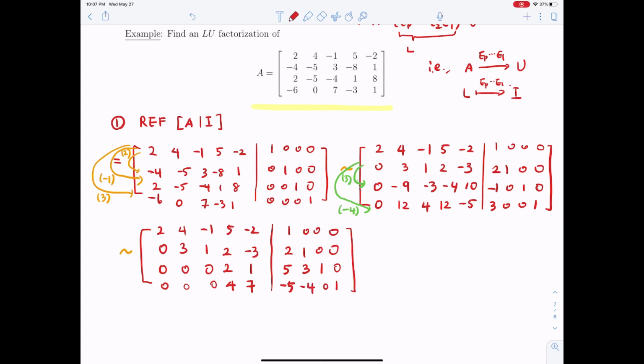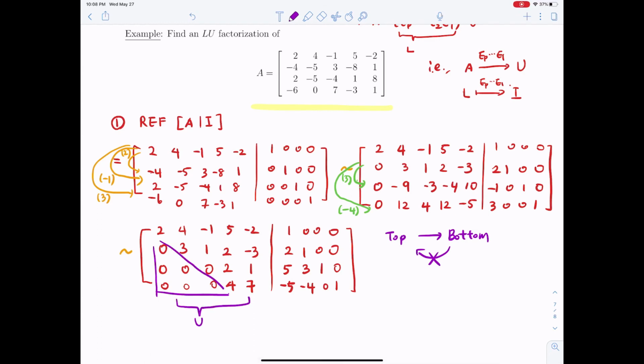The point is we can go from top to bottom, but we cannot go from bottom to top. And here we have an upper triangular matrix, which gives you U.